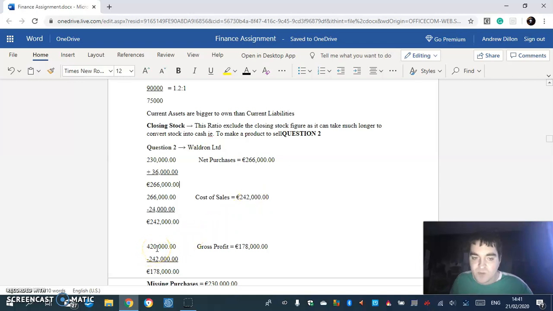And then comes the gross profit. I minus the cost of sales from the credit sales, so my €420,000 figure minus the €242,000 figure, and the gross profit answer is €178,000.